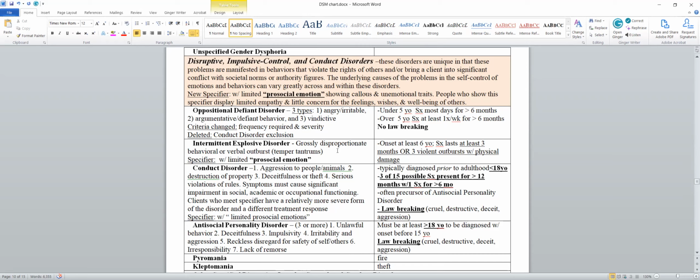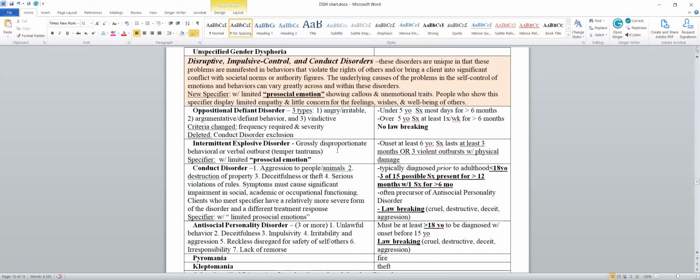The underlying causes of the problems in the self-control or emotions and behaviors can vary greatly across and within these disorders. New specifier is with limited prosocial emotion, showing callous and unemotional traits. People who show this specifier display limited empathy and little concern for the feelings and wishes and well-being of others.